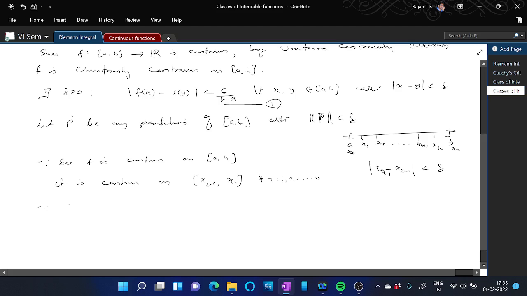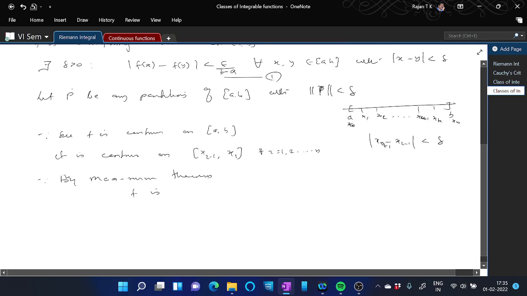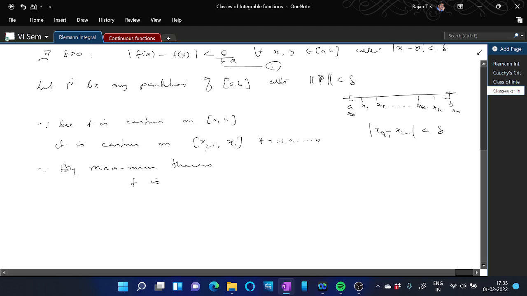And therefore, by the boundedness theorem, the maximum-minimum theorem, f has an absolute maximum and absolute minimum on each interval [x(i-1), xi].